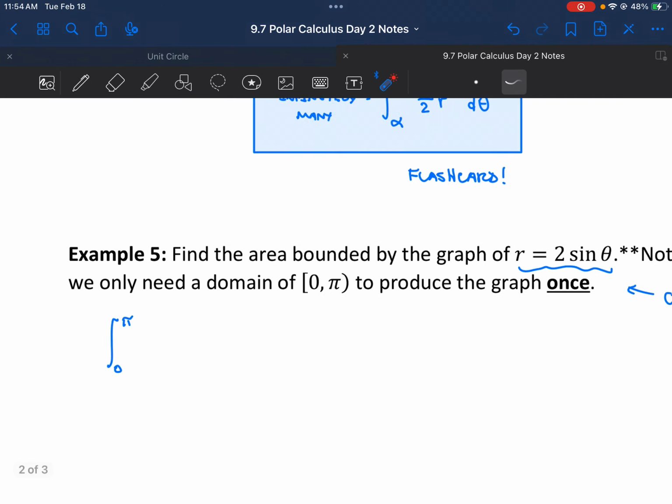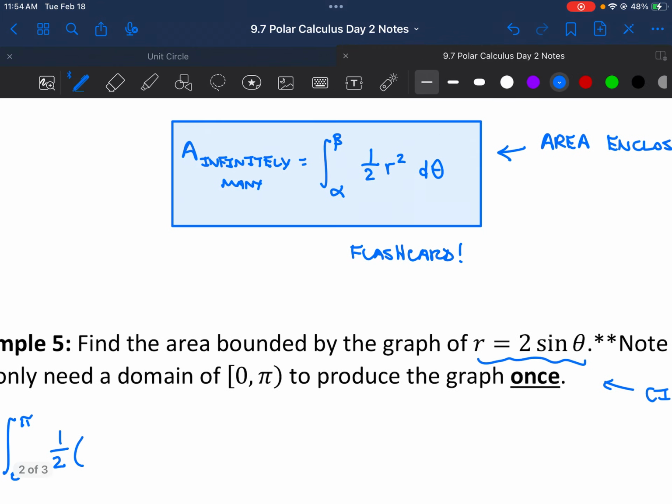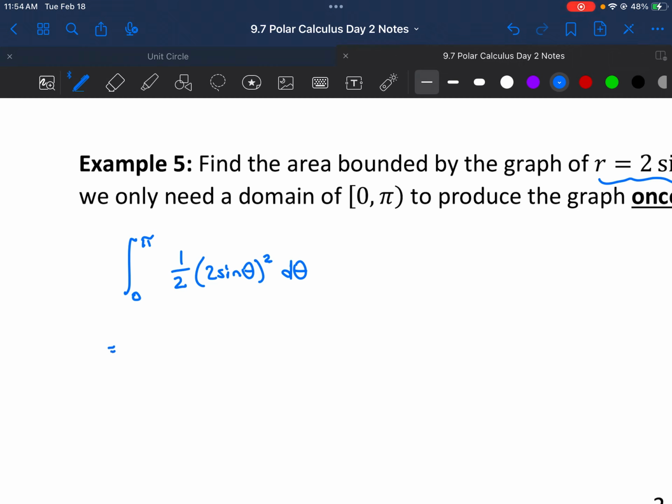So 0 to pi, 1/2 r squared, r is 2 sine of theta, so 2 sine of theta squared, d theta. Go ahead and use your calculator to calculate this, just for the sake of time. You're going to see that you get pi.